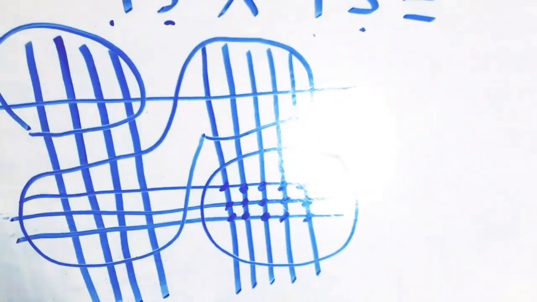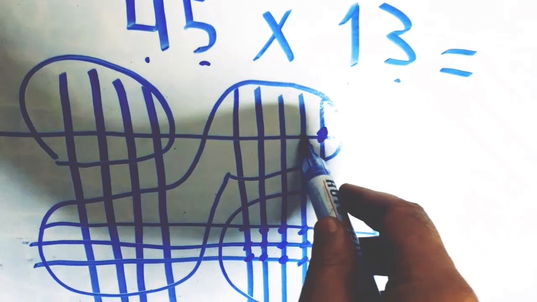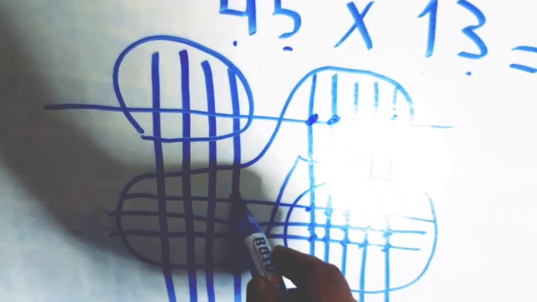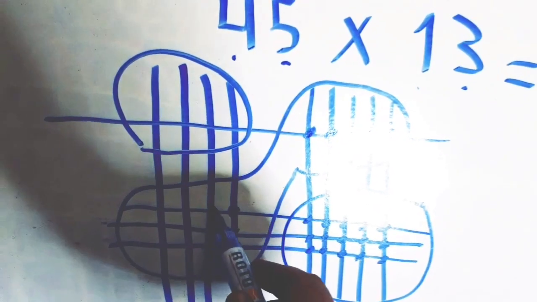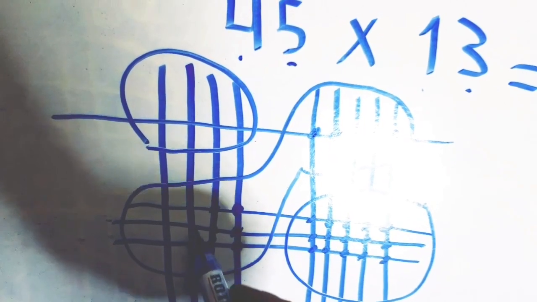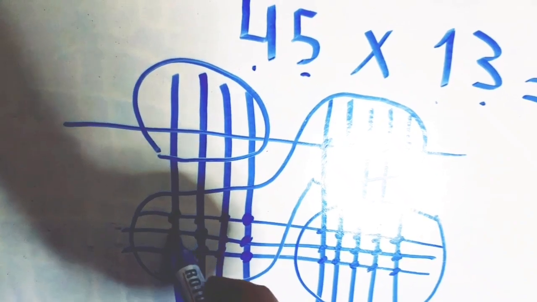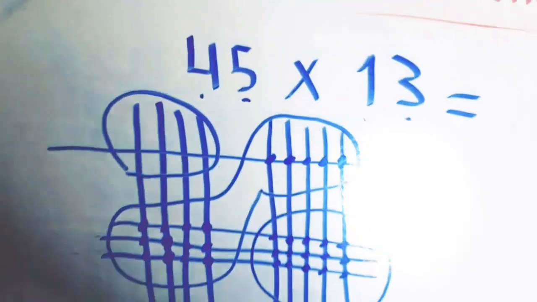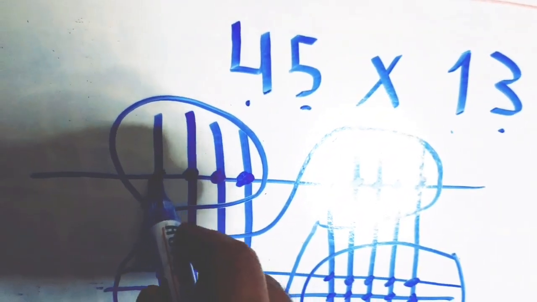This is the first intersectional zone. We transfer to the second intersectional zone and put the dots. Please don't forget any dot in order to reach the correct multiplication product. This is the second intersectional zone, and this is the last zone.